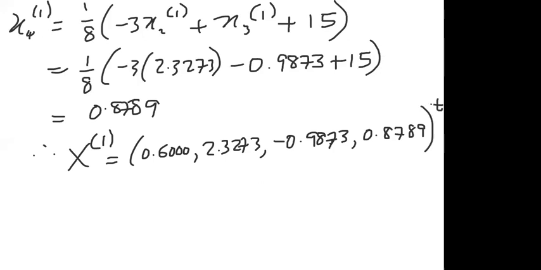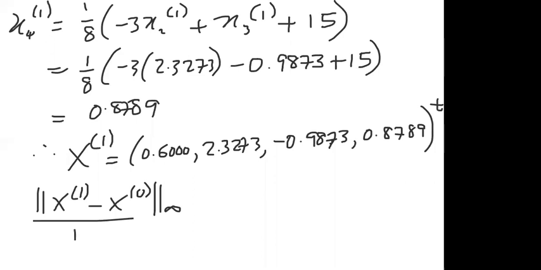After doing this, you check whether the stopping criterion has been satisfied. So it would be the infinity norm of capital X1 minus capital X0. You can verify that this value will still be greater than 10 to the power negative 3, so you still need to do more iterations.